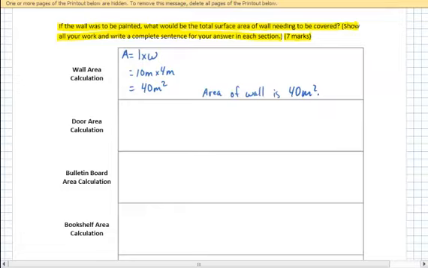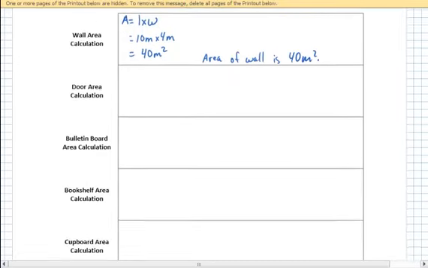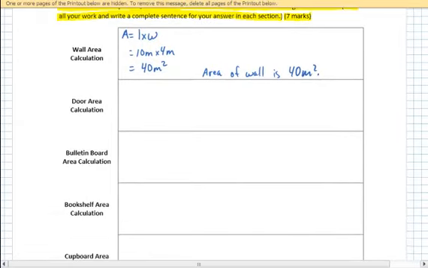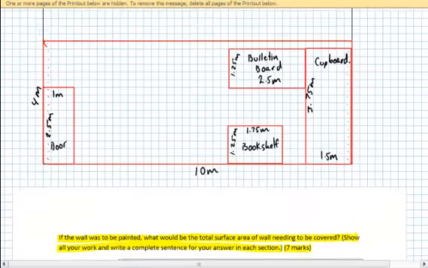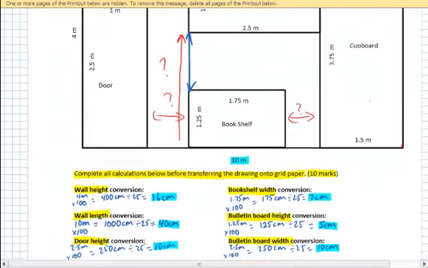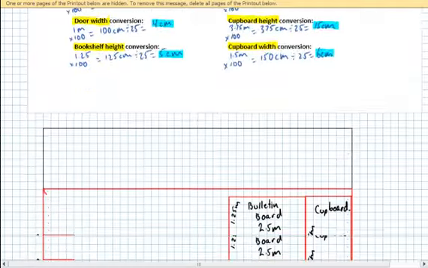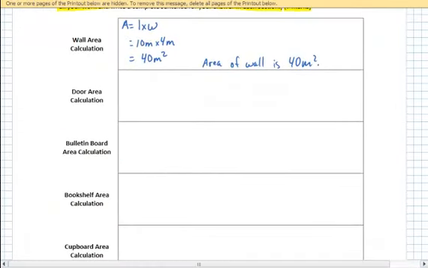Door calculation area. I'll do one more before you can go on to the next tutorial. So the door, if we go back here, was 2.5 meters by 1 meter. I always write my formula first: area equals length times width.